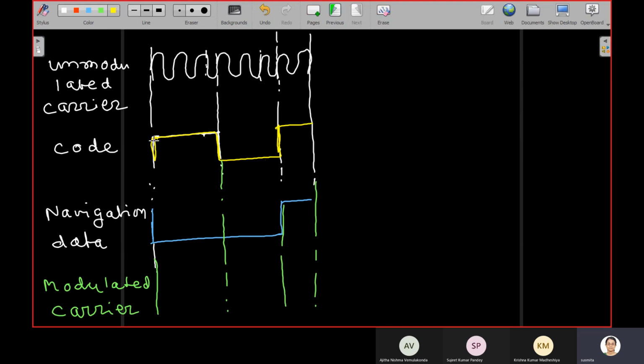Okay. Now just see, you multiply code and navigation data. Over these 3 cycles, code is +1 and navigation data is -1. So plus 1 minus 1 will be minus 1, correct? So you need to multiply minus 1 to the carrier.